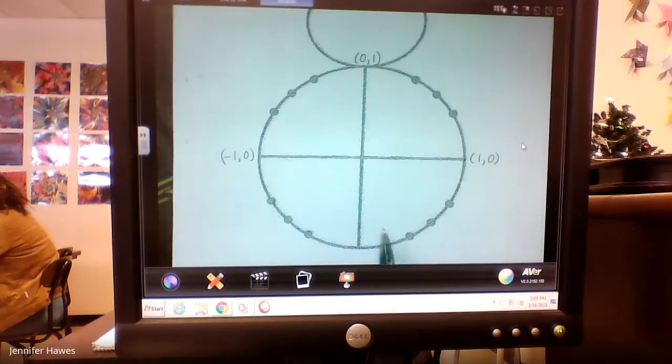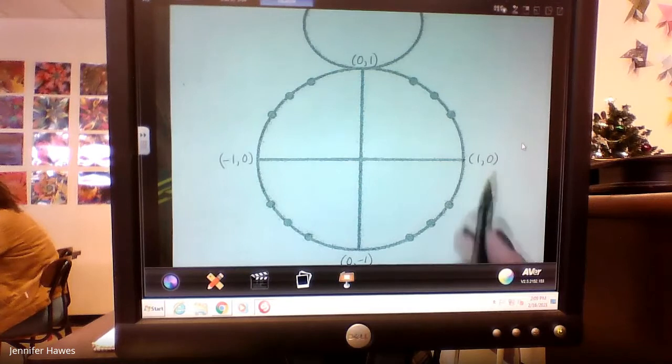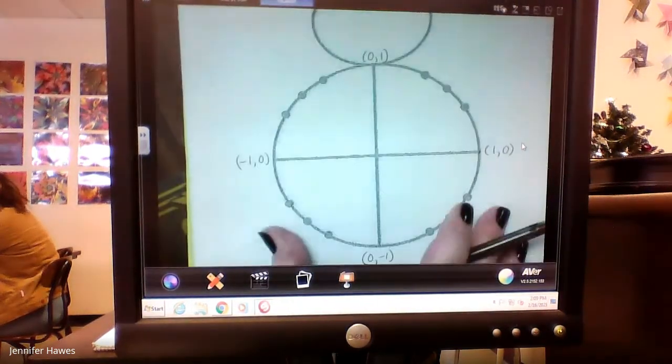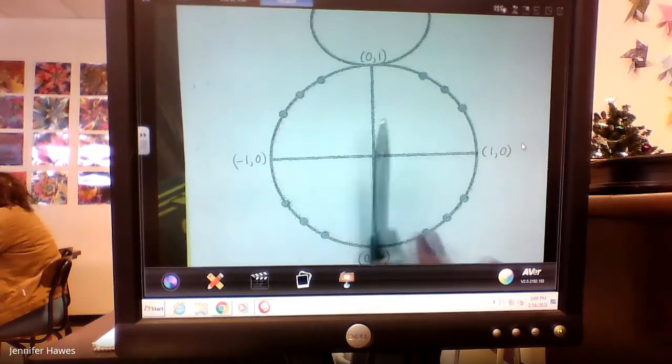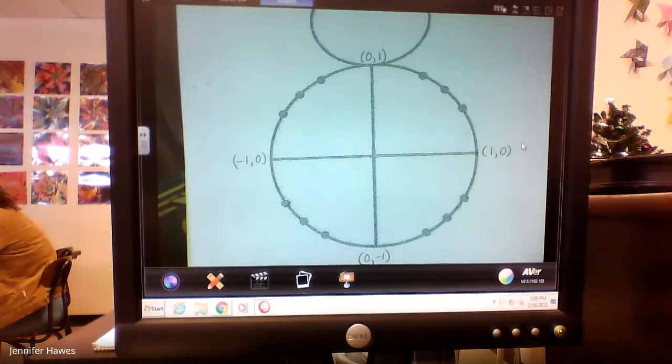How do I get to my bottom point? Okay, 0, -1, and then we're back there. So these points right here are those quadrantal angles. Okay, so we went 0, 90, 180, 270, 360, and then you just keep adding 90. You land in one of these spots. Okay. All right, so those are those 4 points right there.